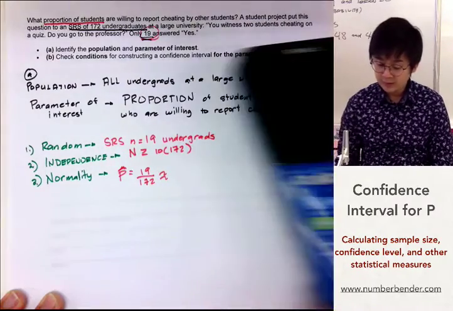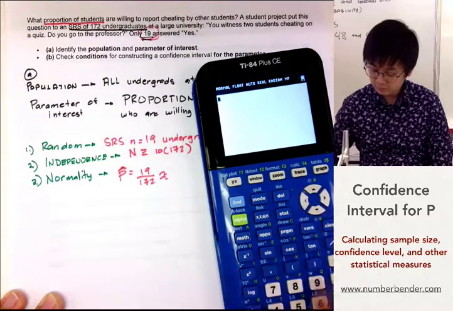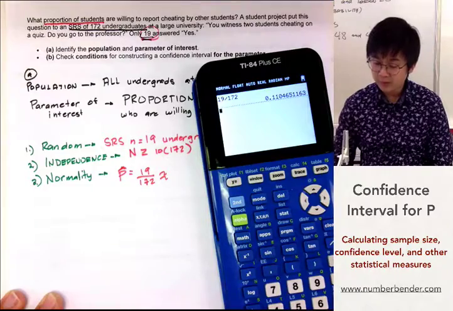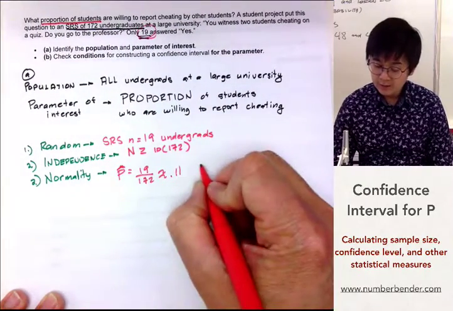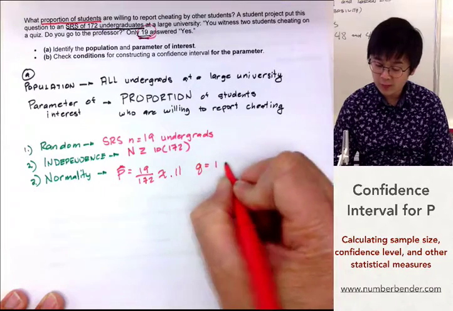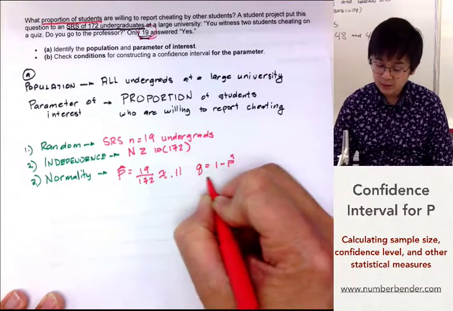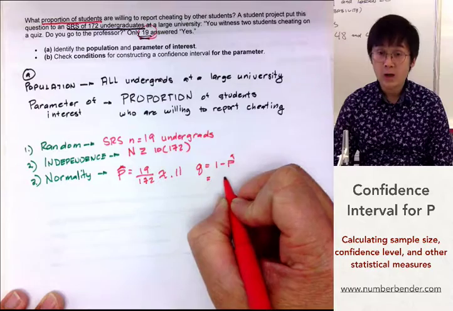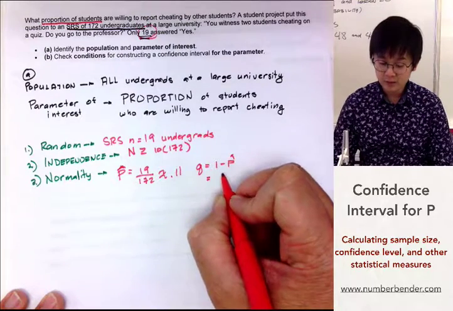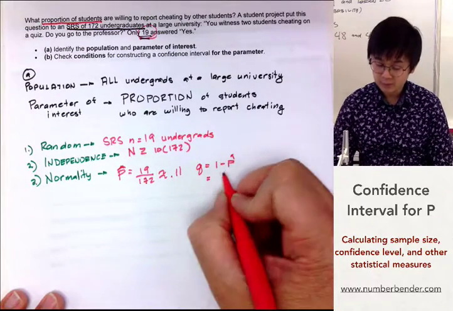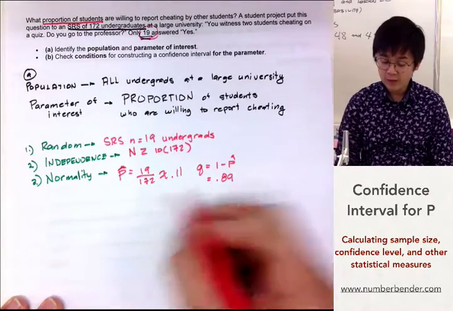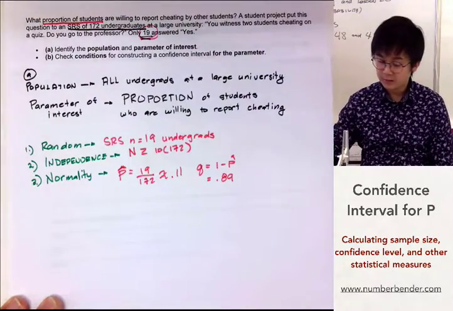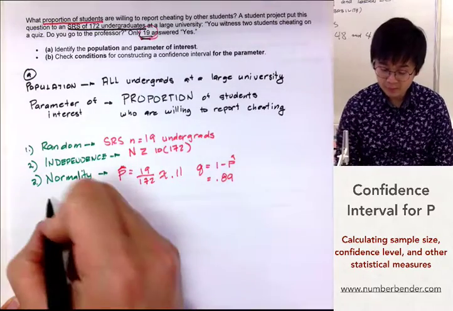So 19 divided by 172 is giving us 0.11. And q, which is 1 minus p hat, is equal to 1 minus 0.11, which is simply 0.89.